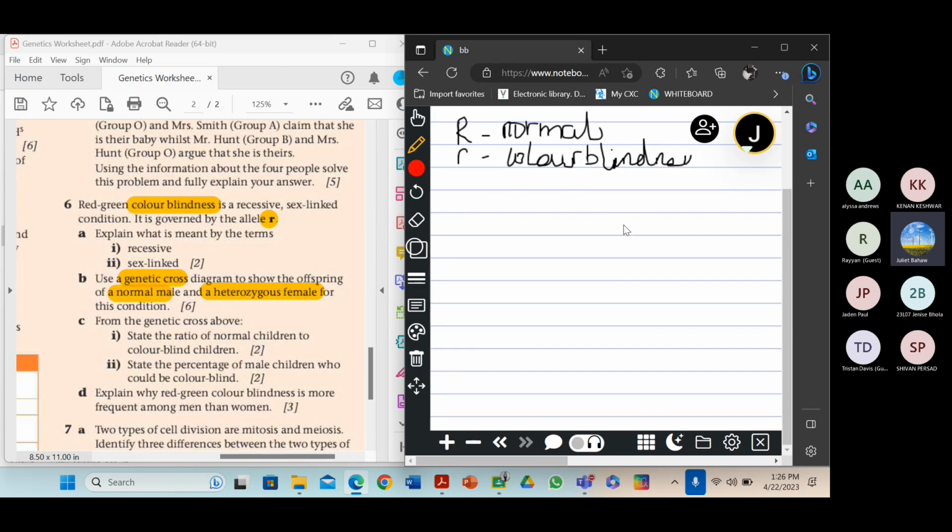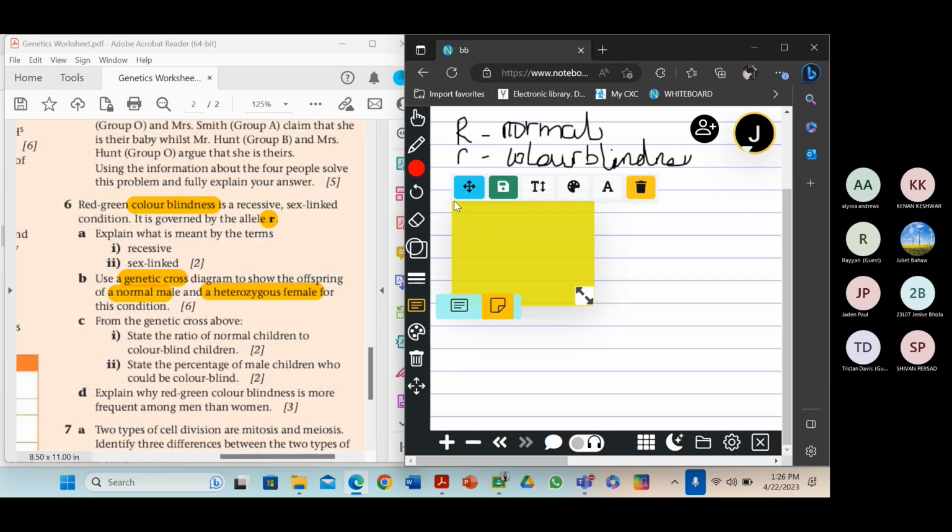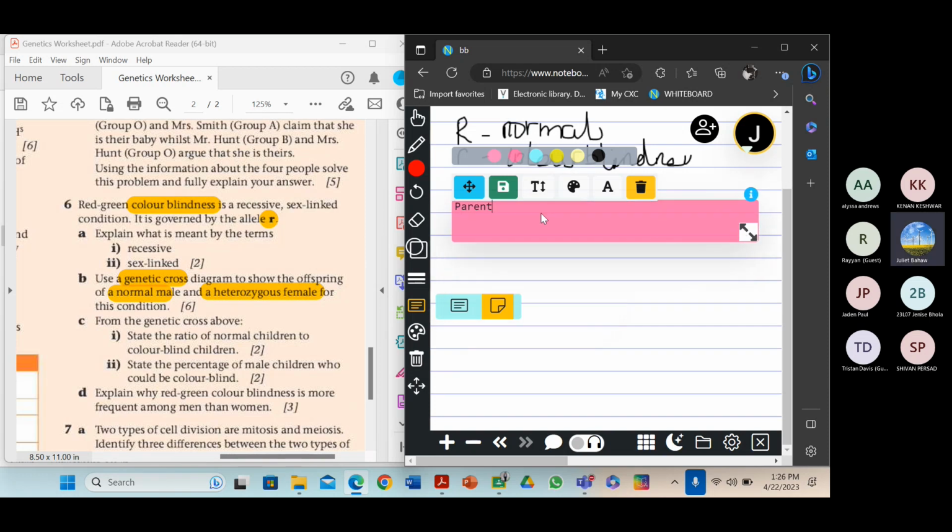Now let's get the parents. Let's get the genotype. So they give you the phenotype, so you put your parental phenotype. They're telling you it is a normal male crossing with a heterozygous female.